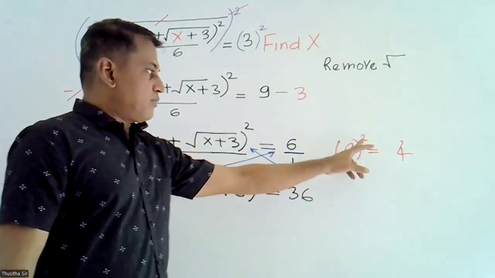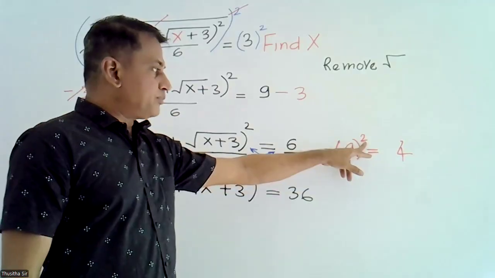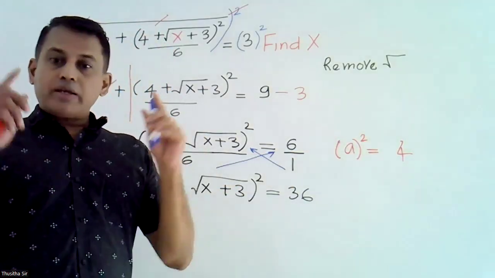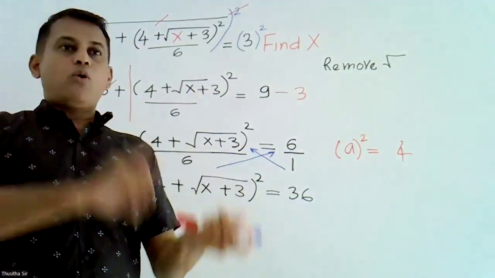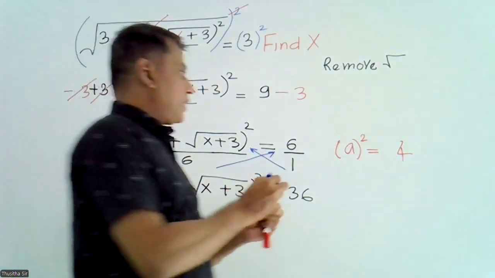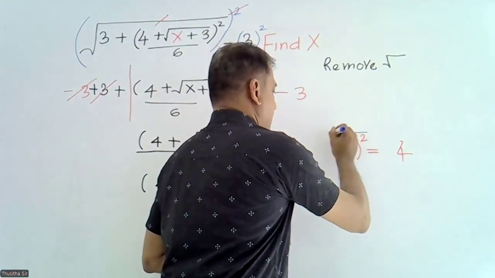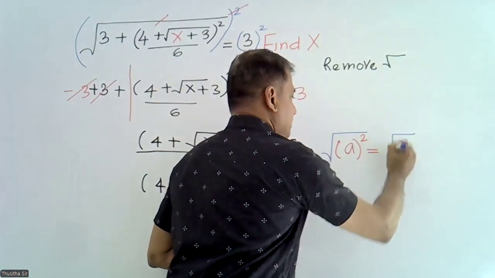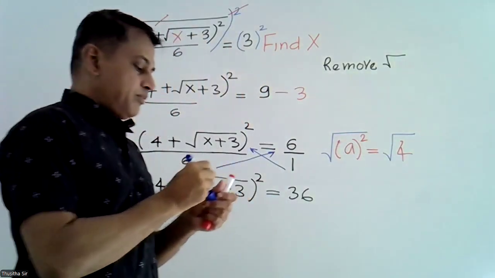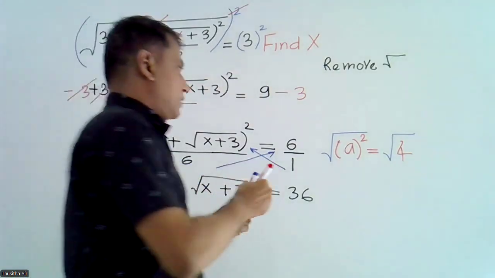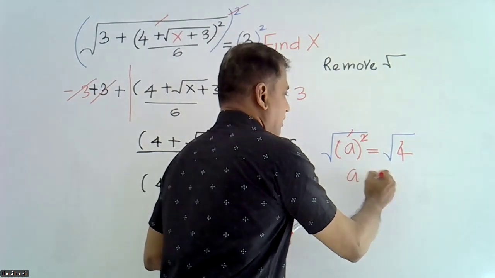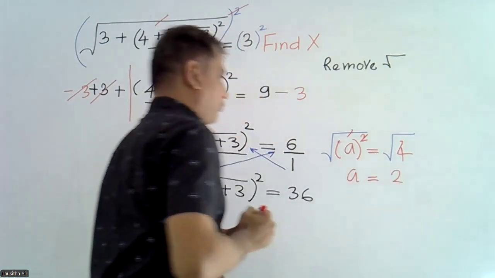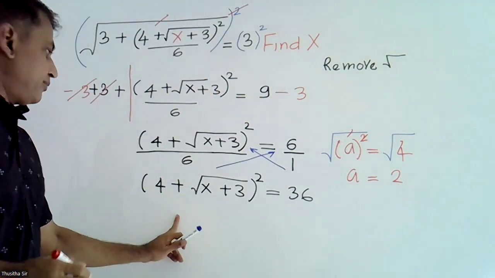What is the rule if I want to remove the squared? I bring the square root, because square root and square always get cancelled. If I do the same for this side, these two get cancelled, and what is left is A, and this side, 2. That's a rule I'm going to apply here.